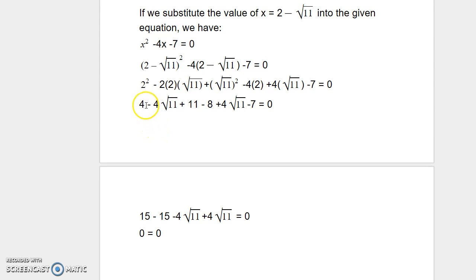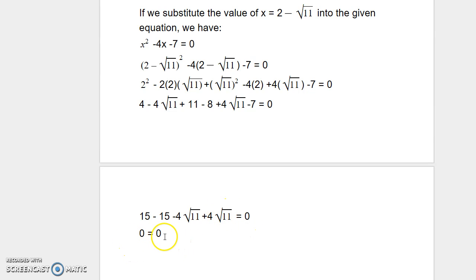So we have 4 plus 11 is 15, negative 8 plus negative 7 is negative 15. We have a negative 4 square root of 11 plus 4 square root of 11, and that should be equal to 0. So as you can see, plus 15 minus 15 cancels out, minus 4 square root of 11 plus 4 square root of 11 cancels out, leaving us with 0.